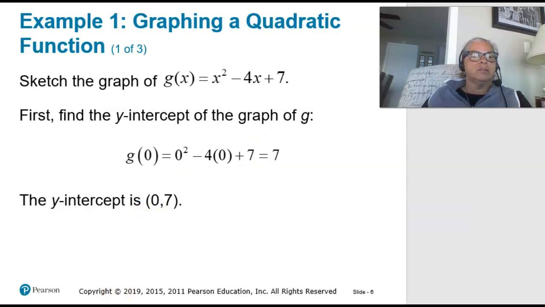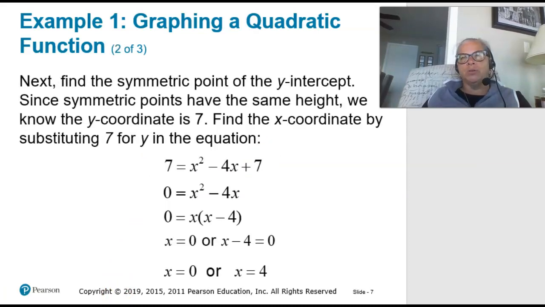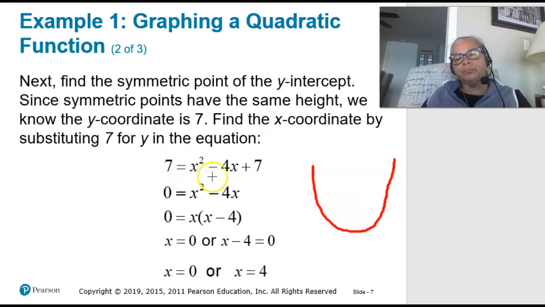So now that we know where it crosses the y-axis, let's find the point directly across from it. In order to do that, we know that the output has to be 7. Visually, you were thinking about this parabola. It's opening upward because we know that there's a 1 in front of the x squared.